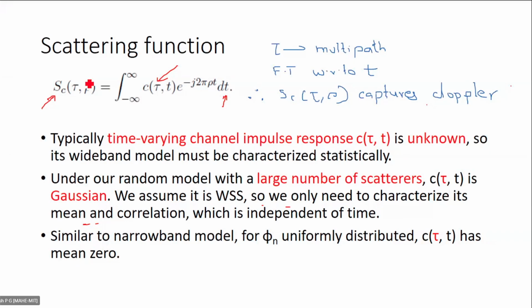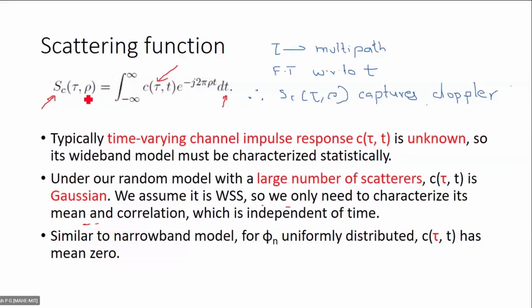Similarly, because of the movement of the transmitter and receiver, we had something called the Doppler effect. So the effects that can be studied while considering the scattering function are the multipath effect and the Doppler effect.